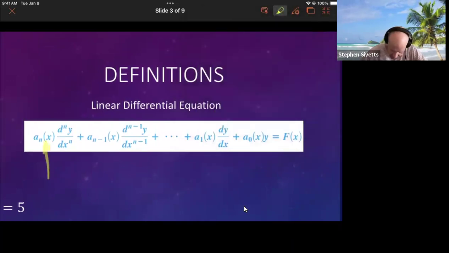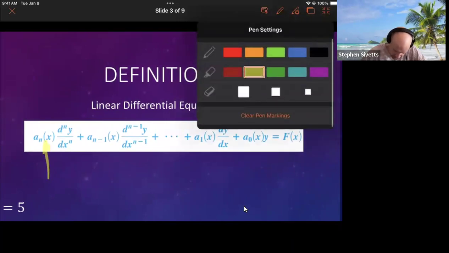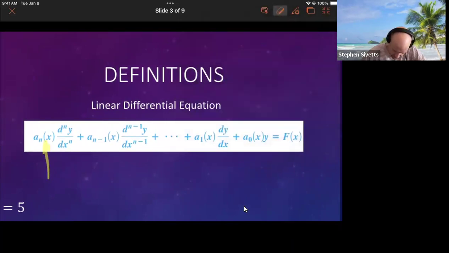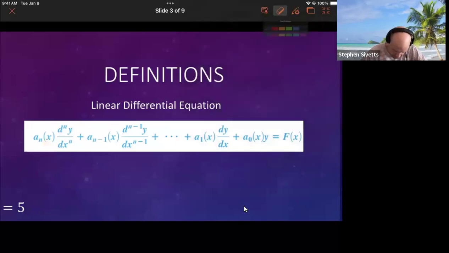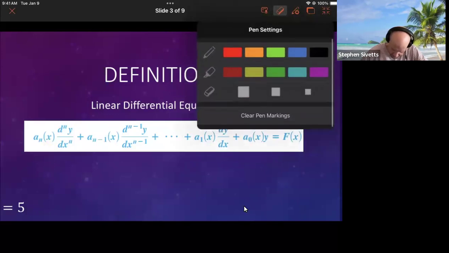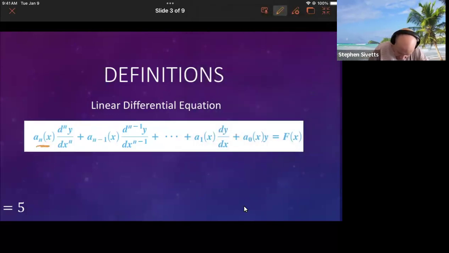These coefficients here are functions of x, and then capital F of x is just another ordinary function in x.